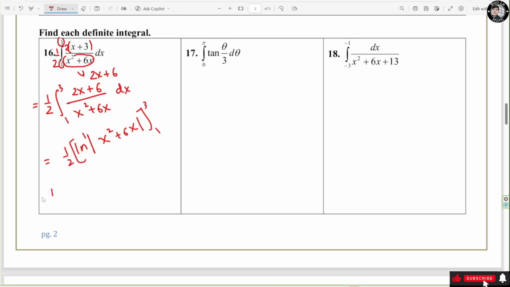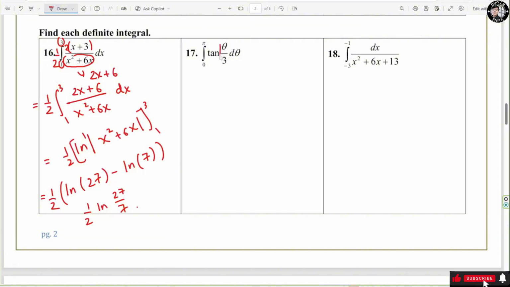So it's going to be 1/2 ln of, substituting 3 for s, 9 plus 18, which is 27, subtract ln of 1 plus 6, which is 7. Now if we simplify this further, it's 1/2 ln of 27 divided by 7.